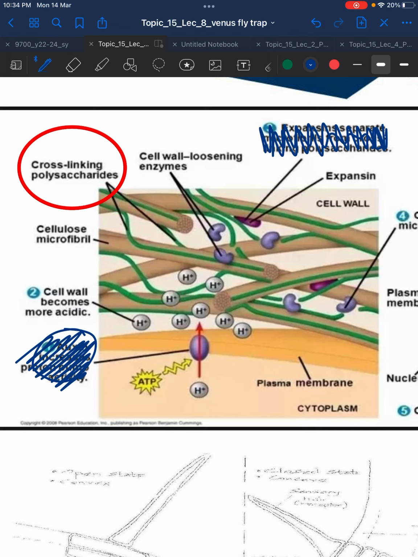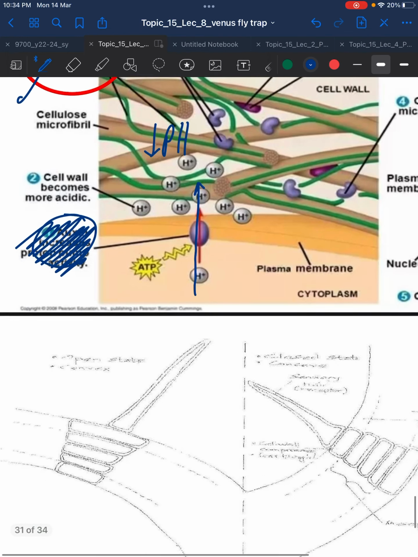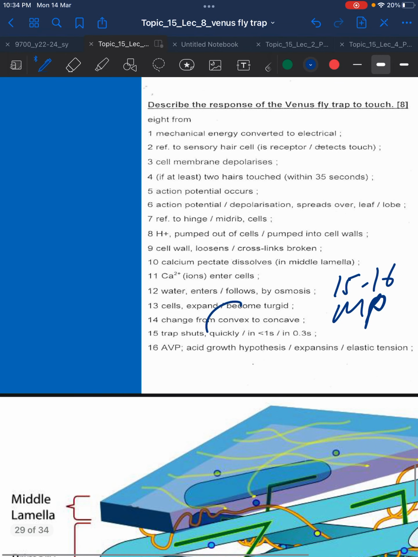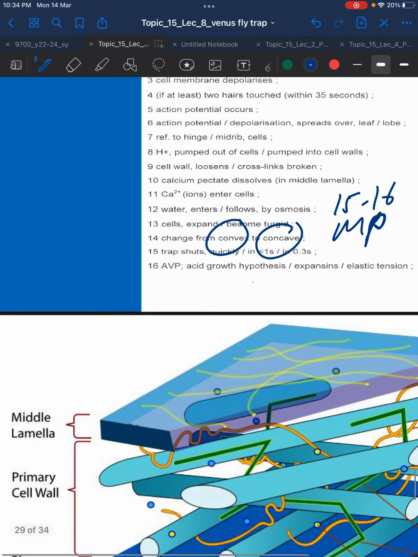You can see the pumping of the protons, which lowers the pH and breaks this cross-link. So it will be easy when water enters, becomes turgid, and expands. When it expands, that's when the convex is changed to concave.